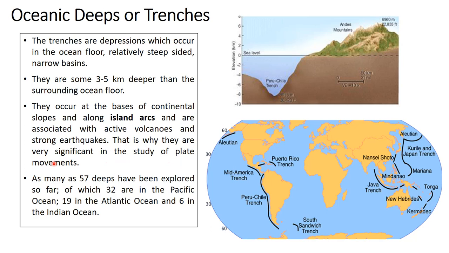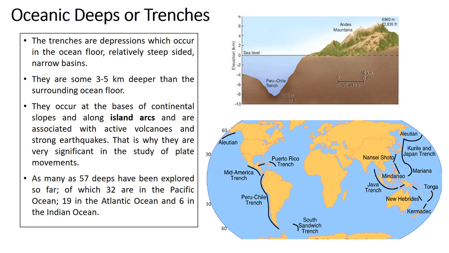When we talk about convergent movements, where two plates converge towards each other, one comes from here and the other comes from here, so there is a convergence movement. In that convergence movement, one plate will go below or get subducted below the other plate. As this plate gets subducted below the other plate, a trench is formed in between in this way.